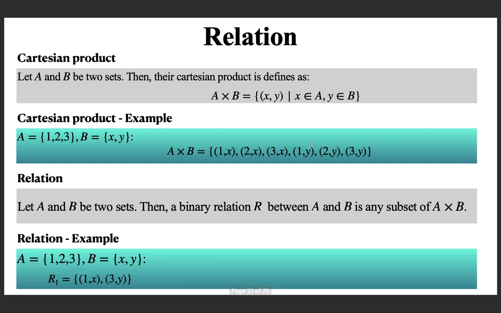Examples: R1 is a relation because it is a subset. R2 is again a relation because it is again a subset, just one element. Interestingly, R3, which is the null set, is also a relation. Why? Because by definition any subset is a relation. Now the question is, why do we need to have an empty relation? Yes, it is meaningful.